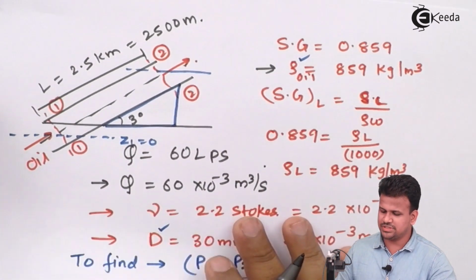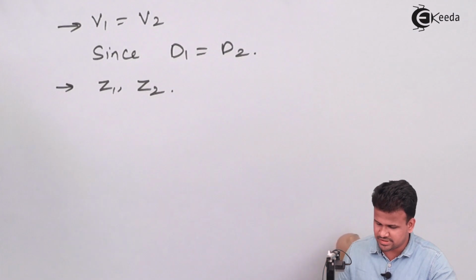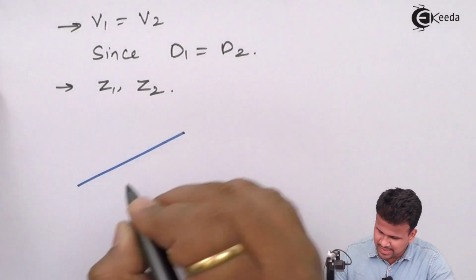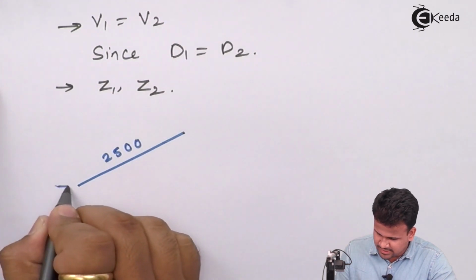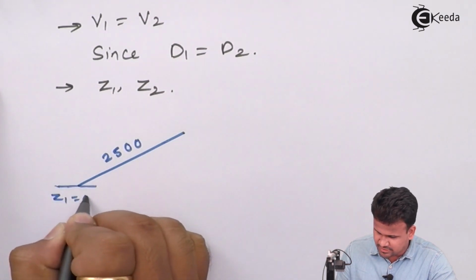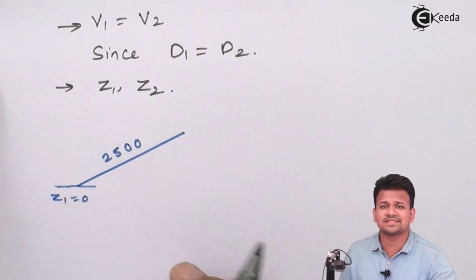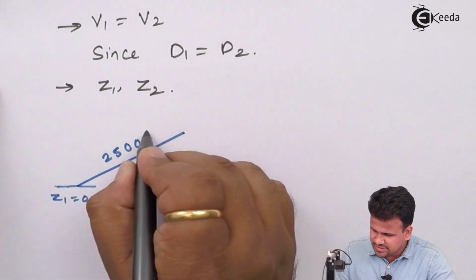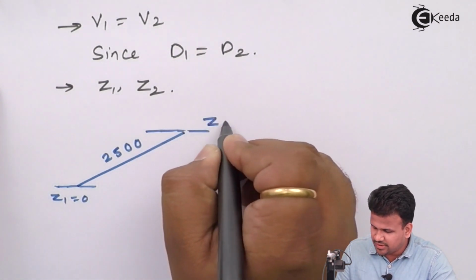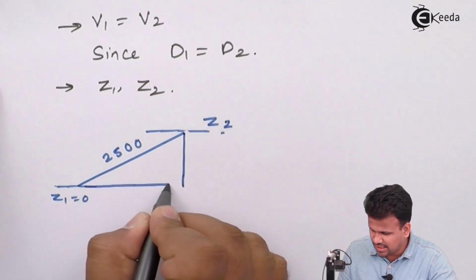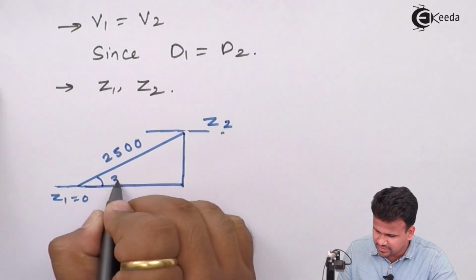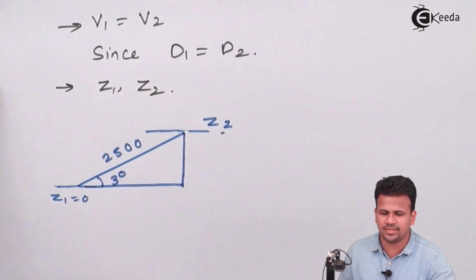So let us draw this diagram for Z1 and Z2. So this is the hypotenuse. So this is 2500. This is the value of Z1, which is equal to 0 because we are taking this as the reference line, and Z2 is the vertical distance at some height. Let us calculate this height if the angle of inclination is 3 degrees.